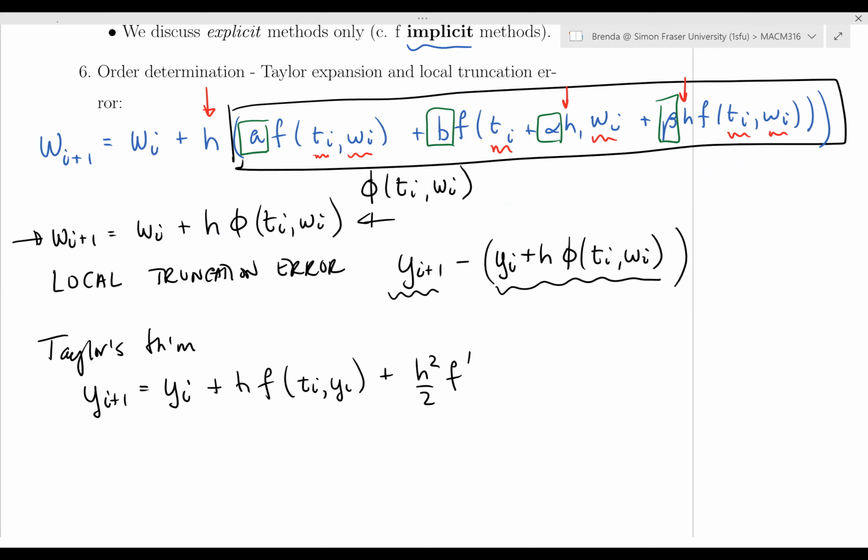I know I'm saying second derivative, I'm writing first derivative, but think about this. This is y prime. That's our differential equation, right? y prime is equal to f at t, y. This is Taylor series. And then there'll be some more things.